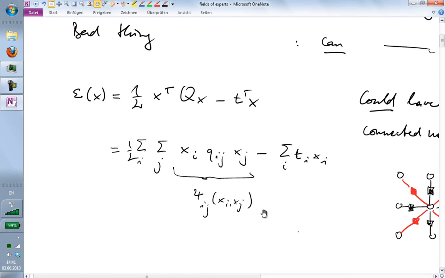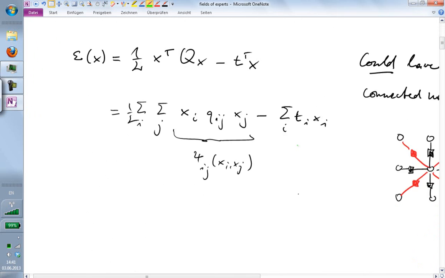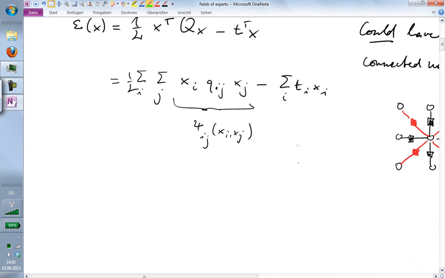So I was talking about motivations to go beyond Gaussian conditional random fields when we want to model MRFs that are continuous valued. I now want to give another motivation, an empirical fact of life.